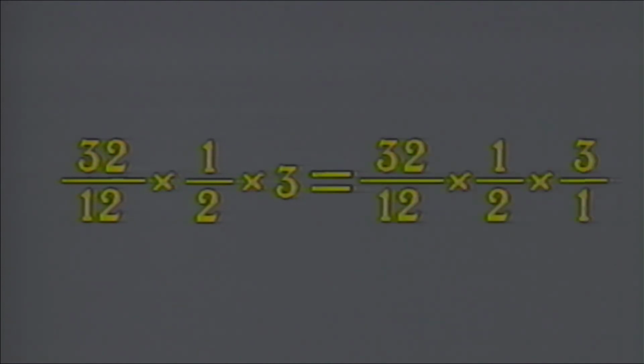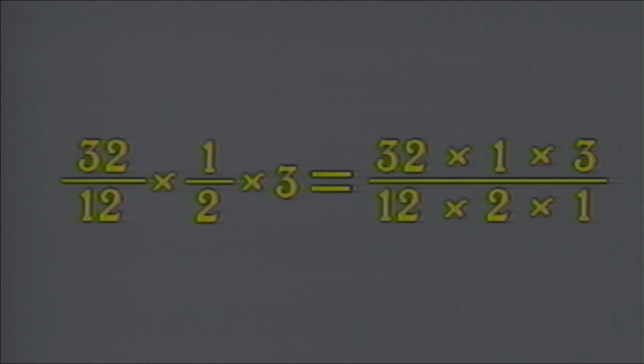32 inches is 32/12 of a foot times 1/2 foot times 3 shelves. First, I write 3 as 3 over 1, so it looks like a fraction. The product equals 32 times 1 times 3 over 12 times 2 times 1.